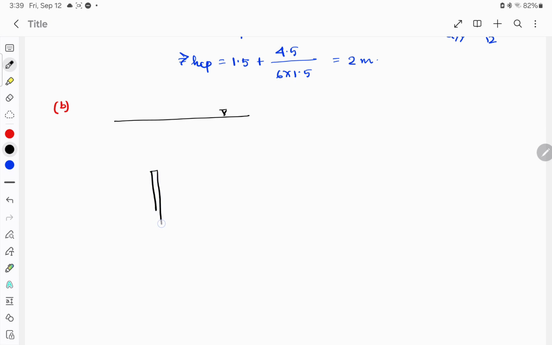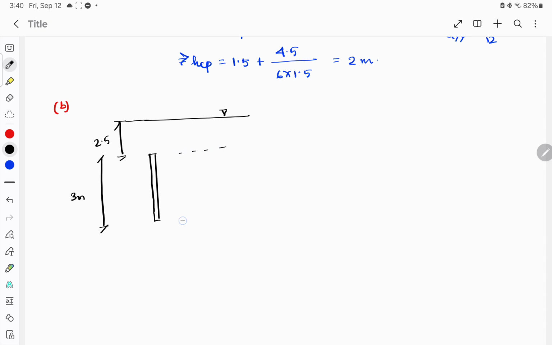This is 2.5 meter below, and we already know that the depth of the rectangle is 3 meters.